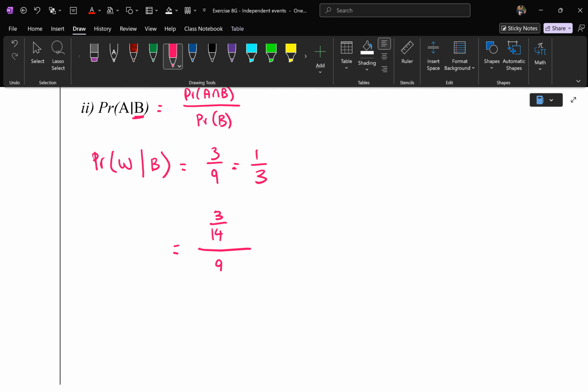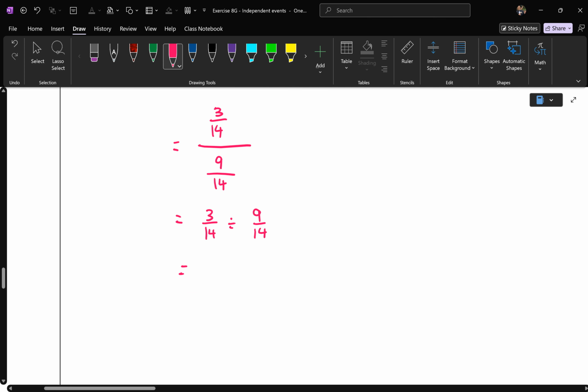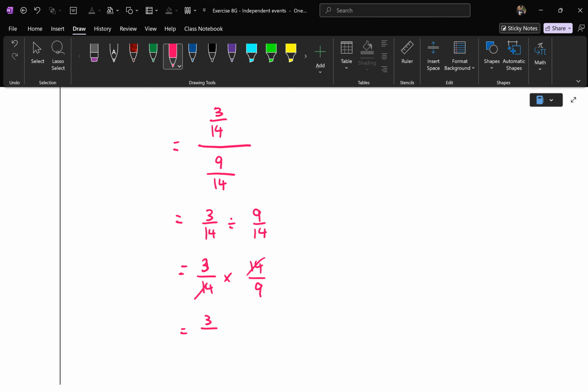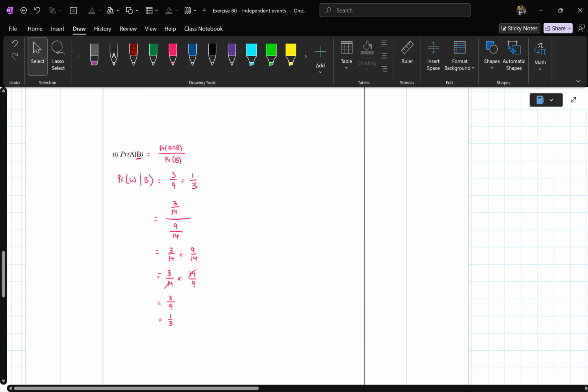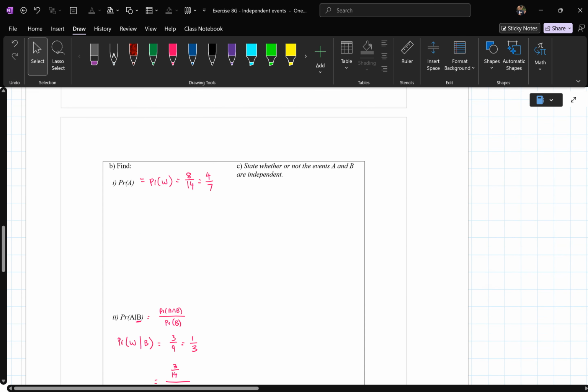Well, we already knew there were 9 hotels out of the 14 that had free breakfast. So if you work that out, that's 3 out of 14 divided by 9 out of 14. But when you divide fractions, you do the reciprocal, so it becomes 3 out of 14 times 14 on 9. 14s cancel out, and you end up with the same answer. 3/9 is 1/3.